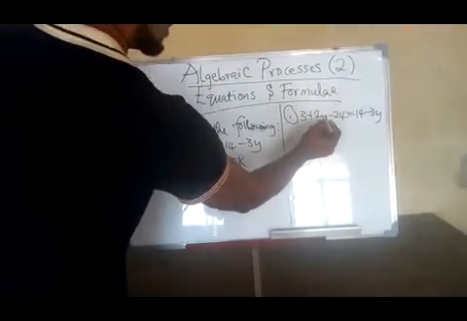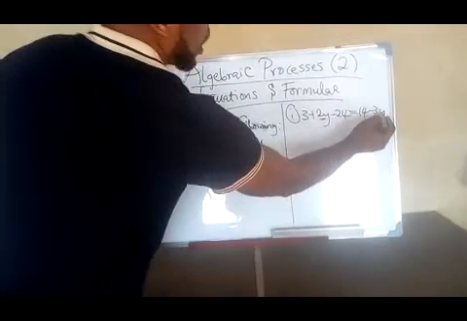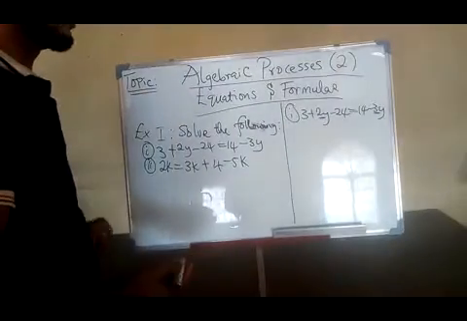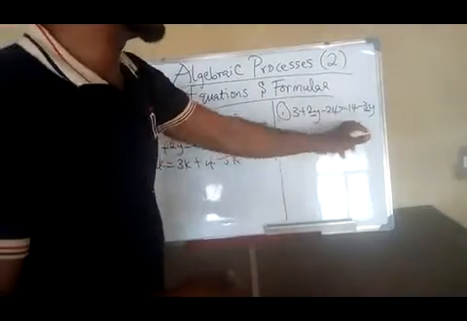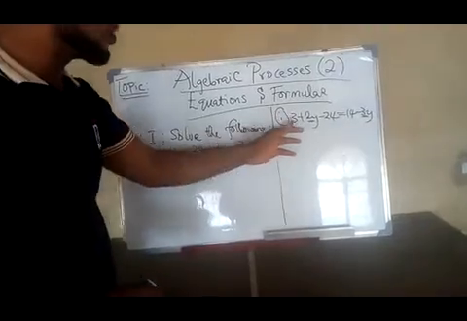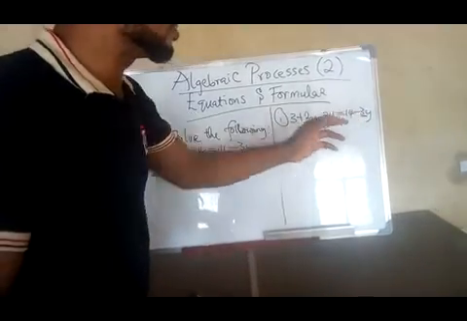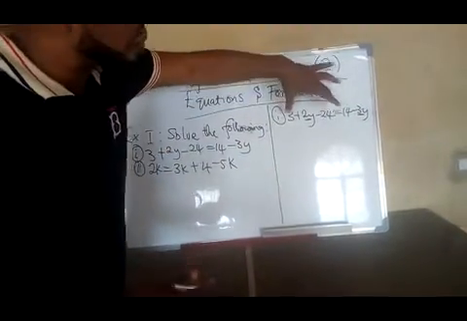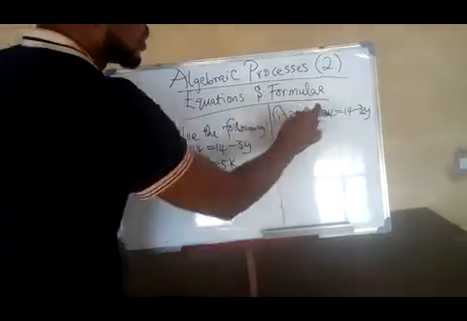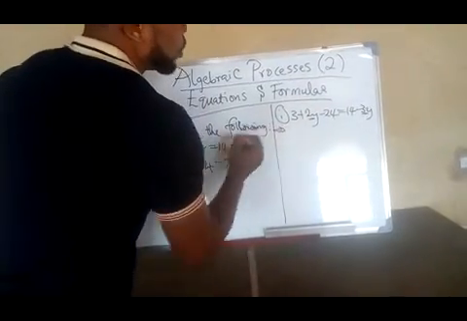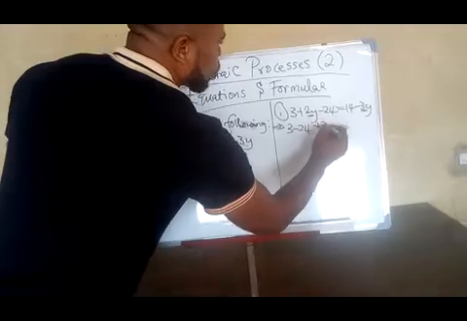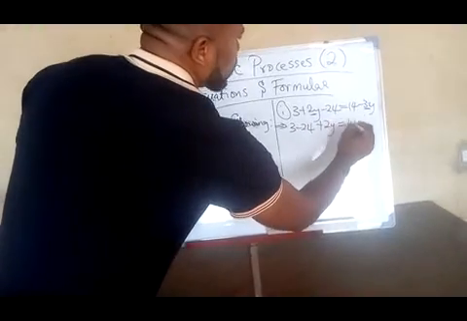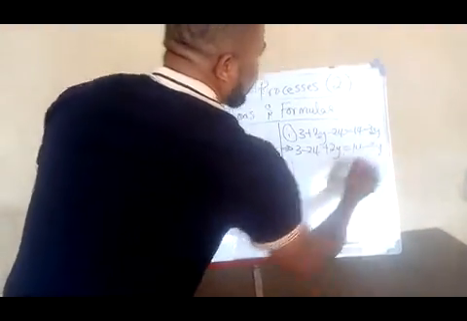I can see that this term has a y, and this one also has y, while the other terms do not have any variables. So first, I'll group together the ones that do not have any variables. So this will imply 3 minus 24 plus 2y equals 14 minus 3y.